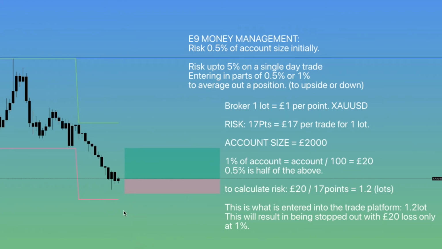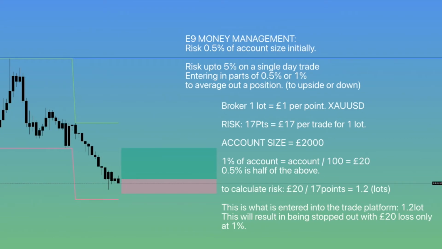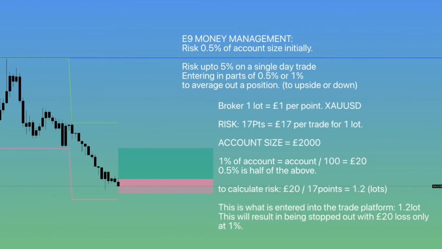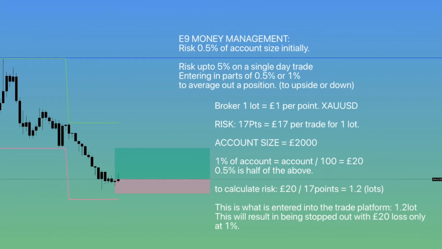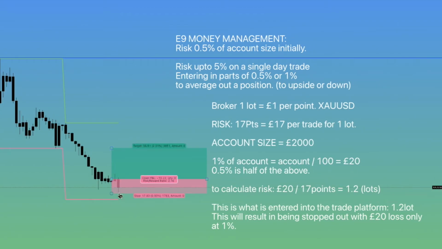So just a quick example about dollar cost averaging actually while we're covering it. At that point there, we're in at this point with 1%, let's say. Price has come down to close to the stop loss and then come back to here.